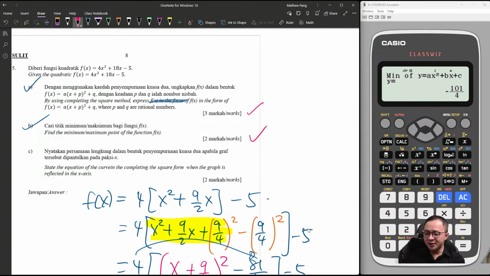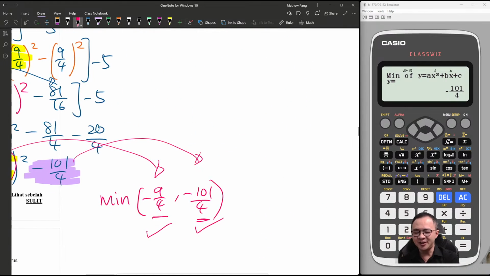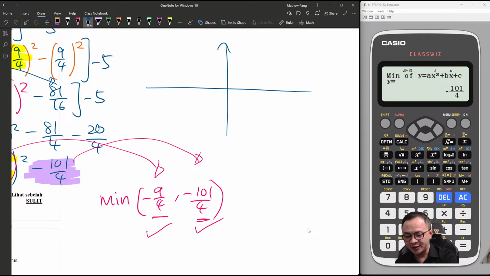Then state the equation of the curve in completed square form where the graph is reflected in the x-axis. Interesting. So right now, you must be able to visualize a little bit before I do any reflections. So where will my graph be? I believe it's somewhere here.